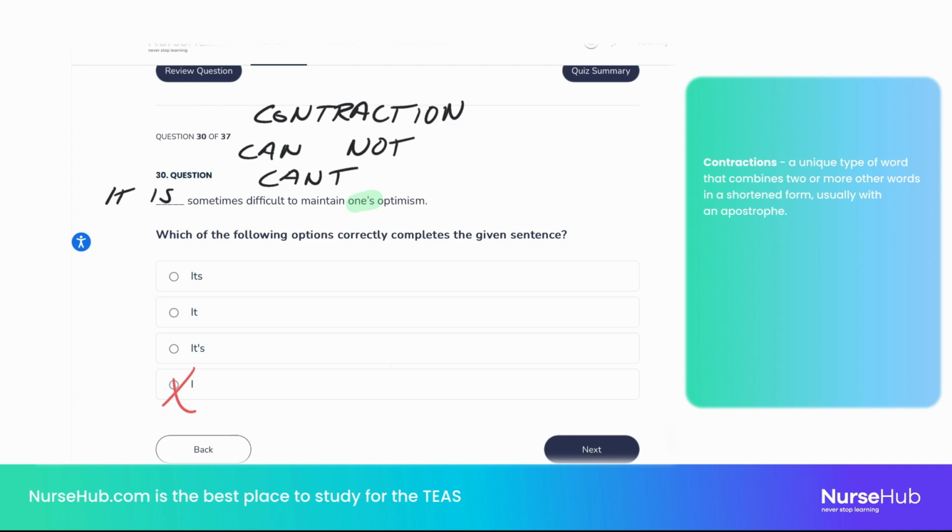You might be saying, well, that O is missing there. So what we do is we put an apostrophe where that should be. Now, for it, we have it is, which transfers to it's. And that is how we write the contraction. So it is sometimes difficult to maintain one's optimism. It's, all right? And that is our answer for number 30.